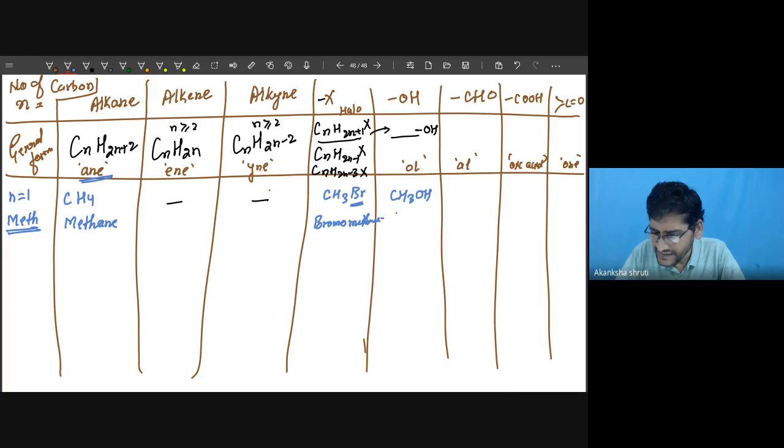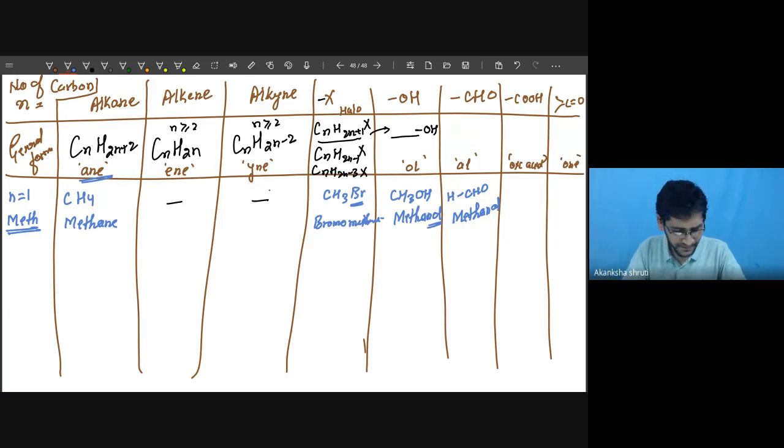It is called methanol. If we have also learned, we can attach only 1 hydrogen here, CHO, then it is called methanal. Methanal, because for aldehyde and acid, the carbon of the aldehyde is always numbered at 1.